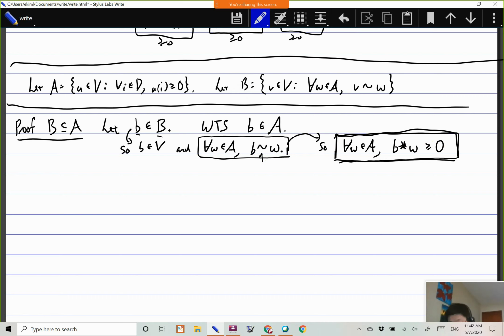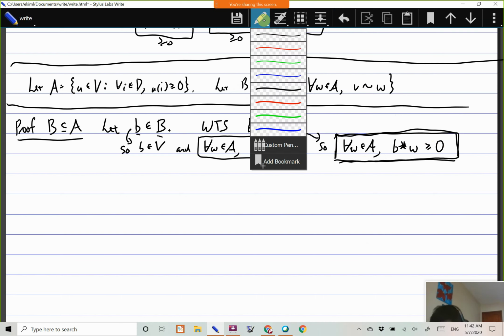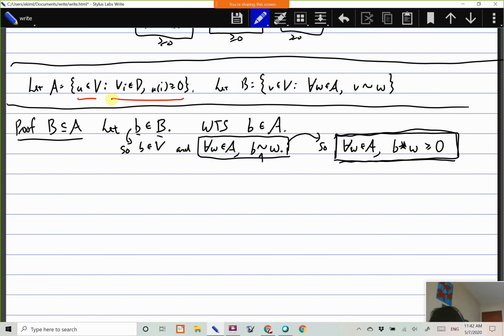All right. And we want to show, so thinking about how we want to show B belongs to capital A, take a look at these two parts, let me maybe use a new color here. These two parts over here, underlined in red, we want those to be true, replacing the placeholder u's with little b's, right?